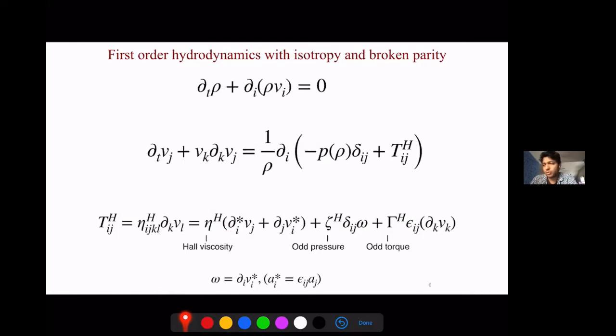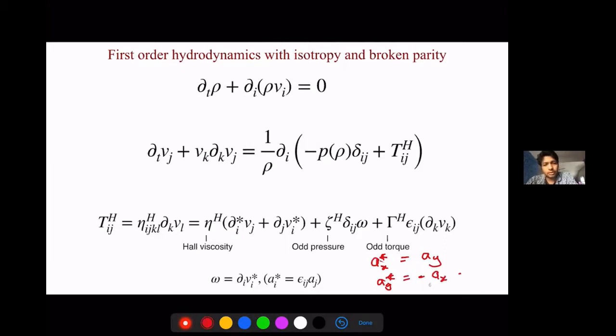Notice that the star notation, which you are going to see again and again in this talk, just means that the star of a vector is a 90-degree rotated vector, and the notation is a Levi-Civita tensor contracted with the vector, epsilon ij aj. So another way to say that is, if I have a vector, ax star is equal to ay, and ay star is equal to minus ax.